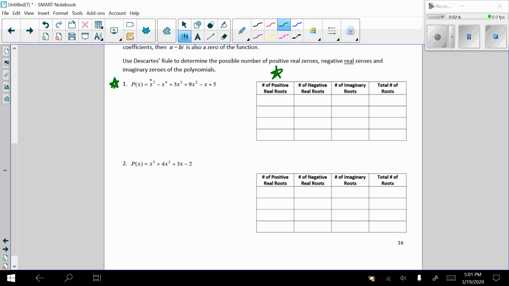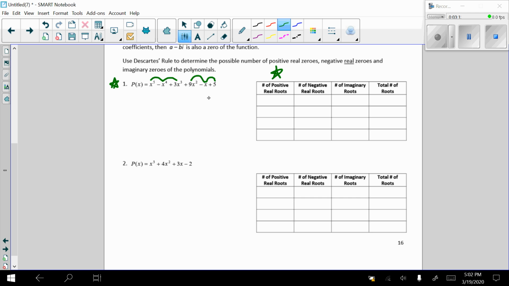So these two terms bounce from positive to negative, and we go from negative to positive. The two terms that are next, x to the third and x squared, are both positive, so there's no sign change there. But from x squared to the x term, it bounces from positive to negative, and from the x term to the constant, it bounces from negative to positive.